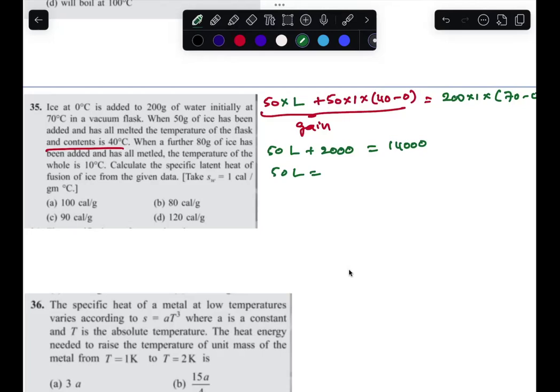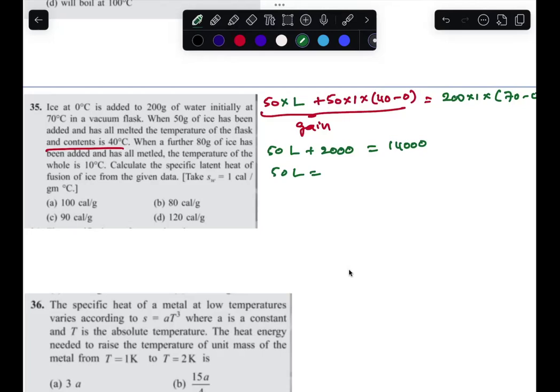Boys, now equation 2 minus equation 1 you take. By doing which, you will get 30L plus 800 minus 2000, you will get maybe minus 1200 here. What about here? 30C gets cancelled. 250 into 30, that is 7,500. 7,500 minus 6,000.